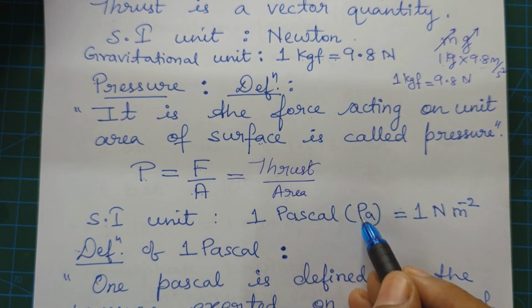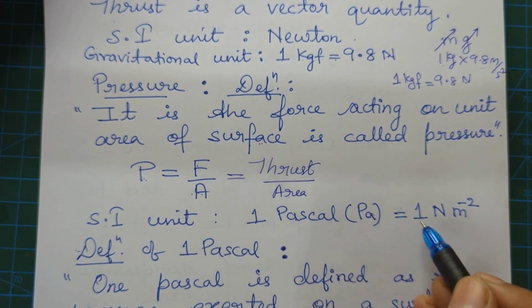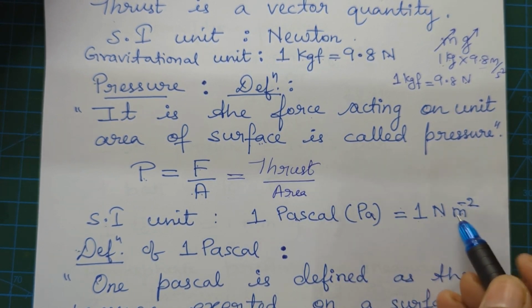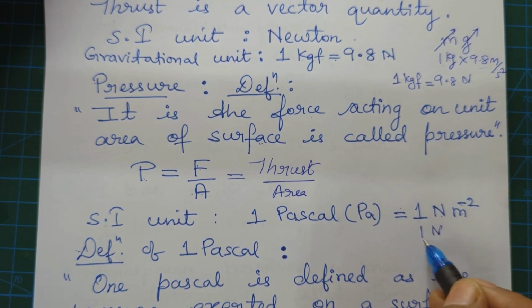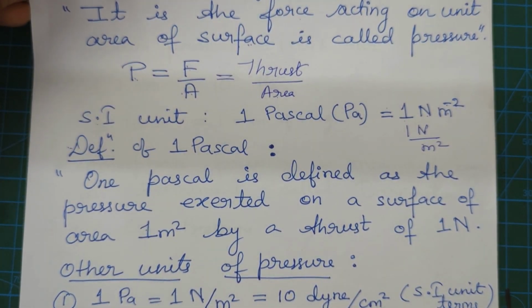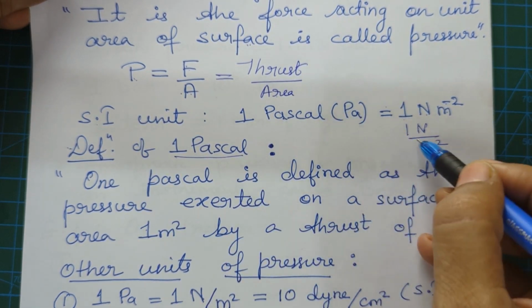Pascal is written as capital letter P with a small letter a, and 1 Pascal is 1 Newton meter inverse square, or you can write it as 1 Newton per meter square. That is the SI unit of measuring pressure. Now let us define what is 1 Pascal. Very simple, based on this itself we can define.